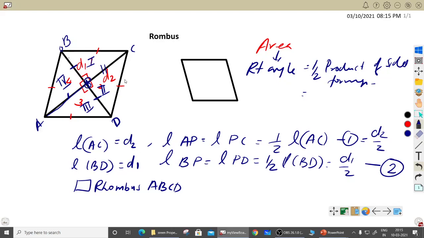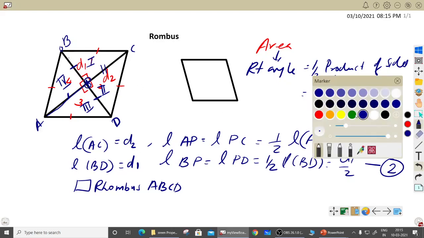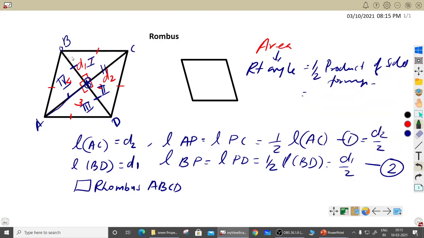This is D1 upon 2, this is D1 upon 2, this is D2 upon 2, this is D2 upon 2, because this is dividing equally. So in every triangle, one side is formed by D1 upon 2 and the other side by D2 upon 2.